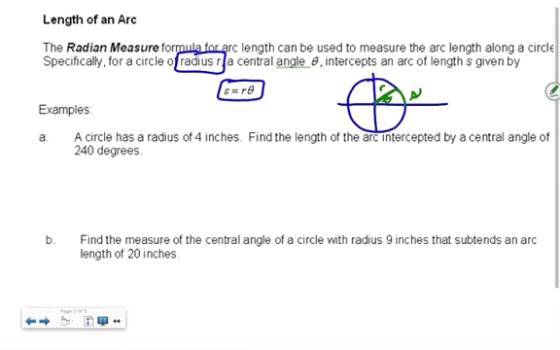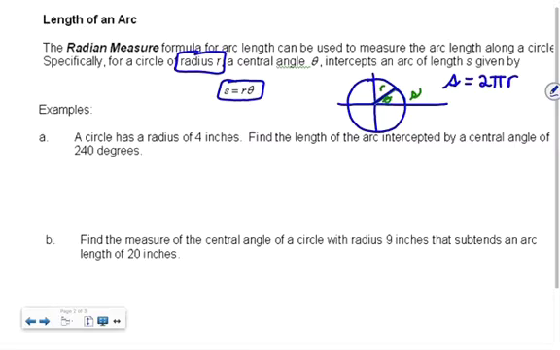Now what's really interesting is I can finally tell you what a radian is. How they get what a radian is. Anytime your radius and arc length are the same, it's considered 1 radian. And let me show you why. If you went all the way around the circle, what's that called? The circumference. What's the formula? 2 pi r. Okay.